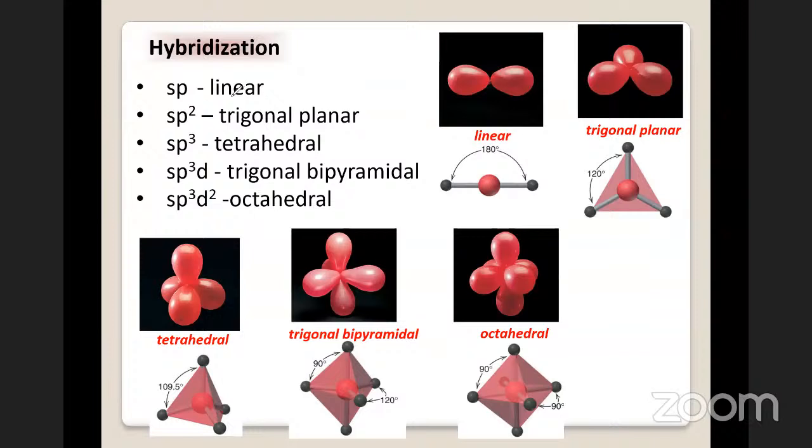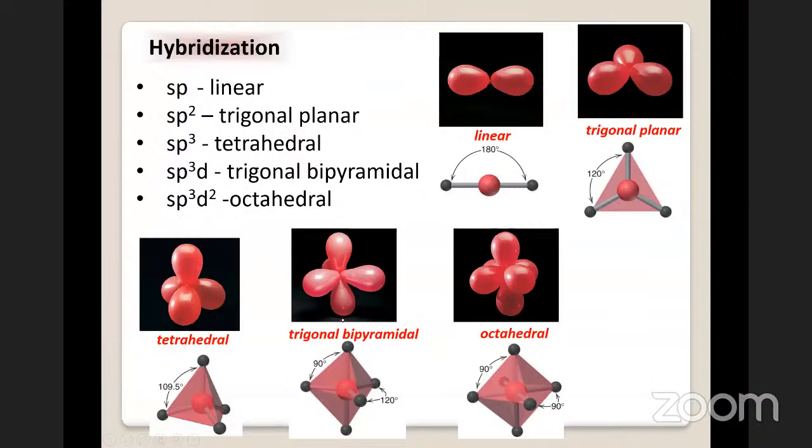If you have a substance that is sp hybridized, you have a linear structure. If you have an sp2 hybridized compound, you have a trigonal planar structure.